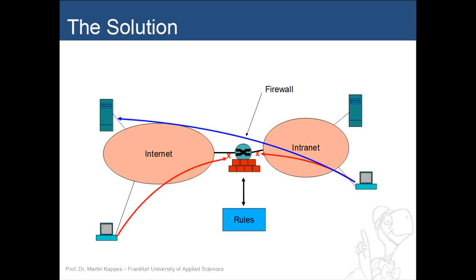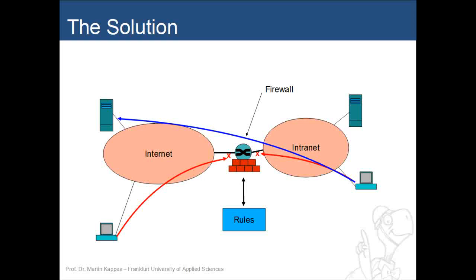We will also discuss different architectures for firewalls today, but again, most importantly, a firewall sits on the boundary between the internet and the intranet and controls the traffic between the two networks according to certain rules, or you could also call them policies. I also use the term rule because later on we're also going to use the term rule for one type of component of a firewall, namely the packet filters.